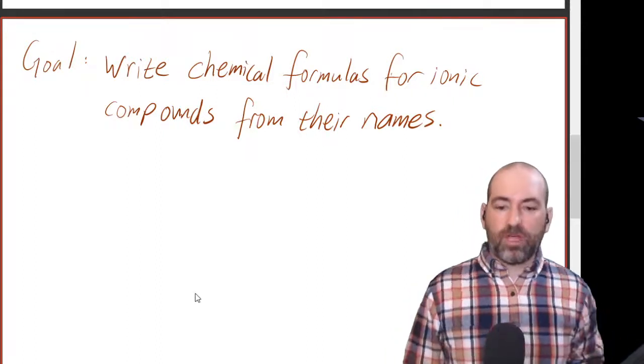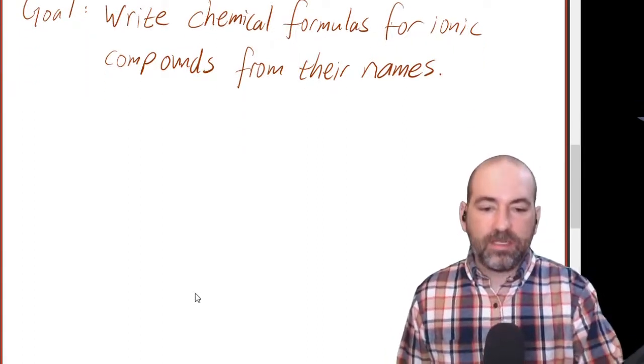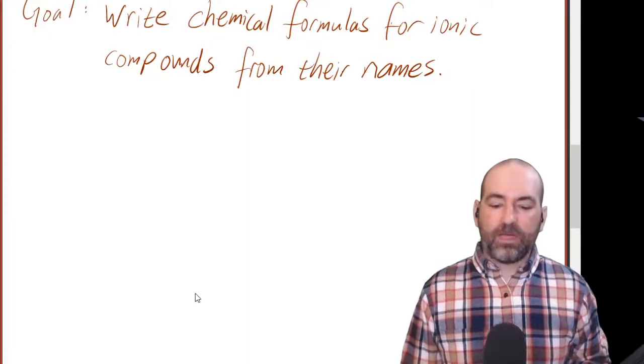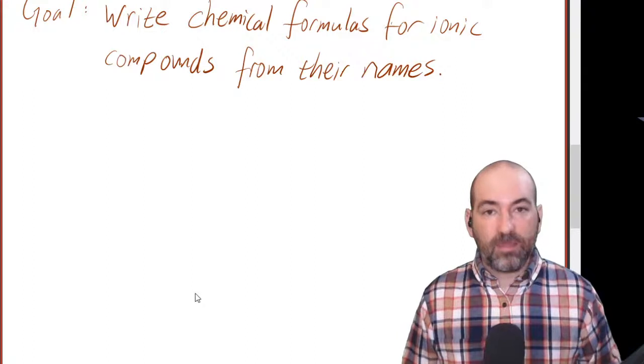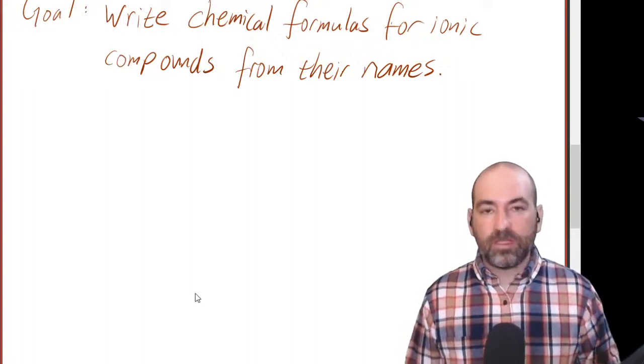Okay, so that's what we're going to try to do here, and I'm going to show you how to do that. It takes a little bit of work sometimes, and notice we're not going the other direction. So I'm not going to ask you to name the compounds from their formulas. That's a little bit trickier.